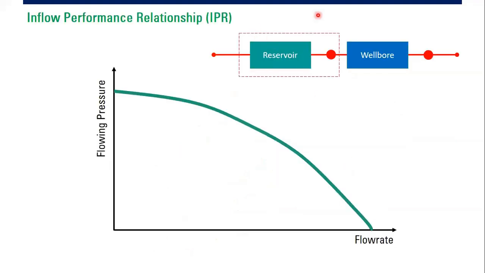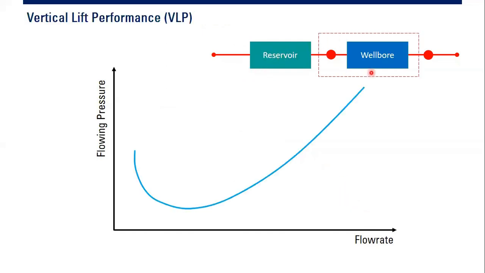Again, you see the snapshot of our block system. The first block is the reservoir, whose performance is shown by this IPR, the inflow performance relationship. The performance of the wellbore, the second block, is shown by this VLP, vertical lift performance.